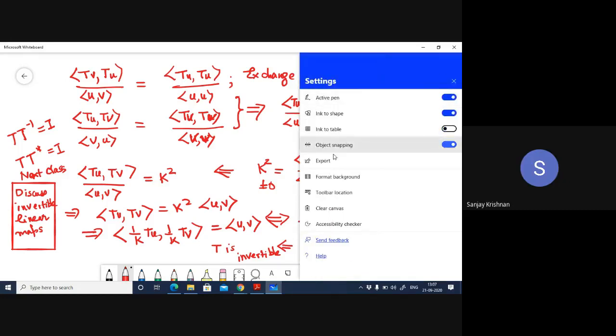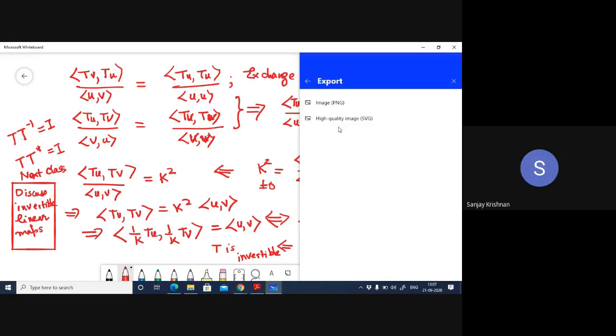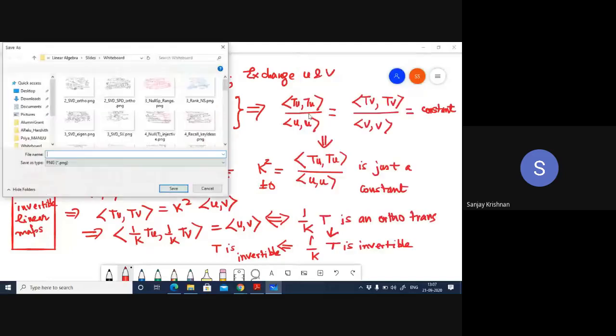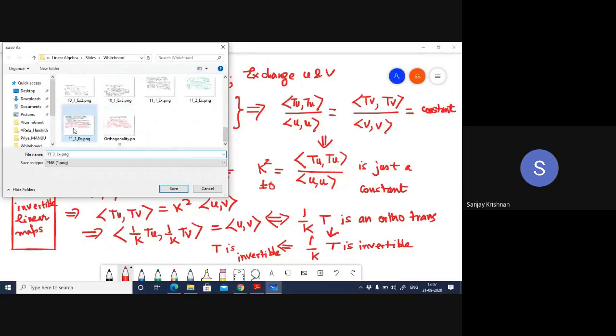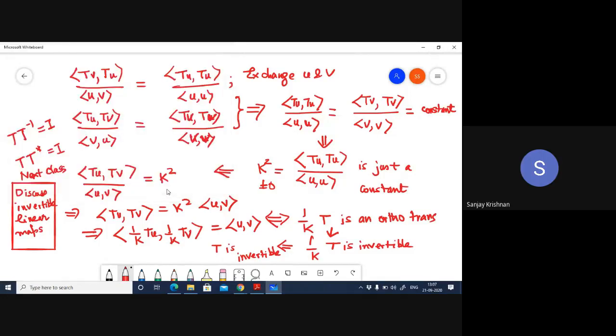Sir? Yes. In that previous slide, you had written this one thing: if V not equal to 0, then TV not equal to 0. Are we using that here at all? No, we haven't used it explicitly. Otherwise, there could always be an argument that if I have a non-zero vector and I apply the linear transformation on it, it could map to 0, right?